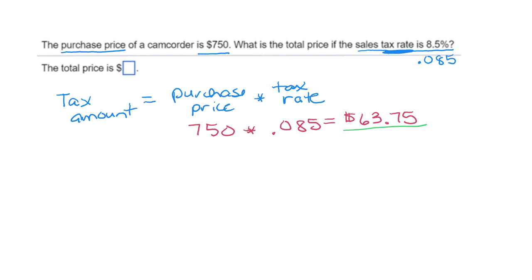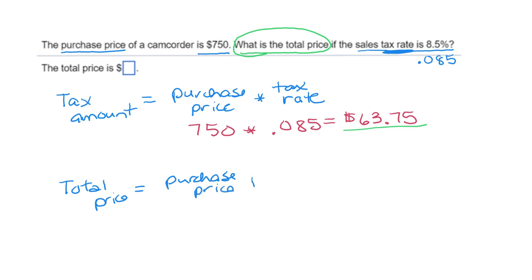What they did ask us to find here is, what is the total price? So the total price is going to be equal to your purchase price plus taxes. Okay, so your purchase price plus tax.